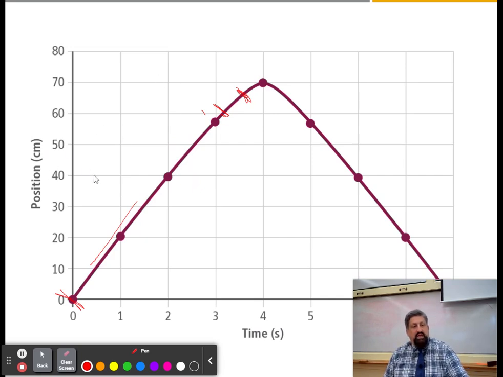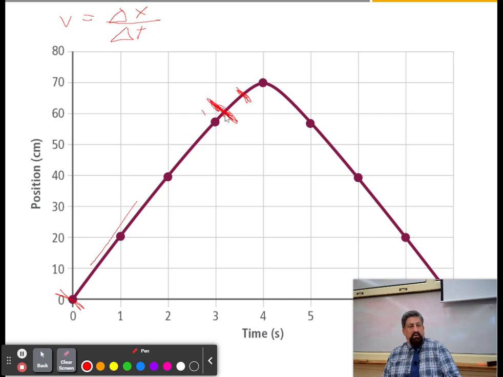If we look at position over time, then the slope is the velocity. The velocity is a change in position over a change in time, rise over run. So the velocity is constant until this point right here when the ball hits the spring, and then the velocity starts decreasing.